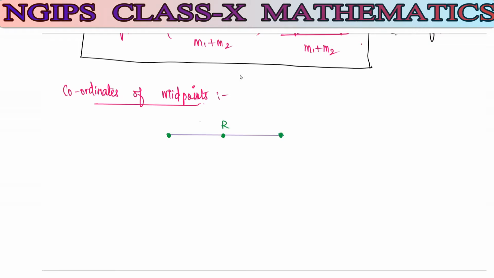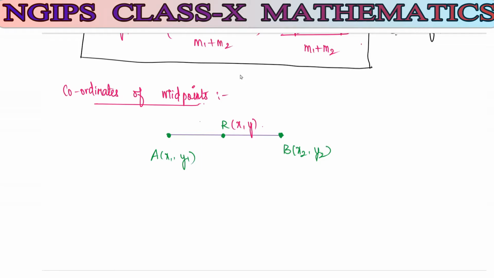This is A and this is B. A is (x1, y1), B is (x2, y2), and R is (x, y).